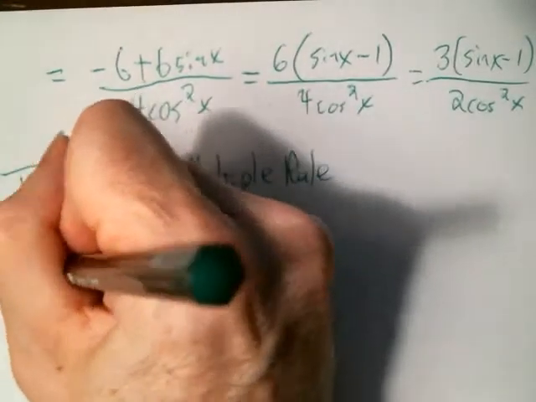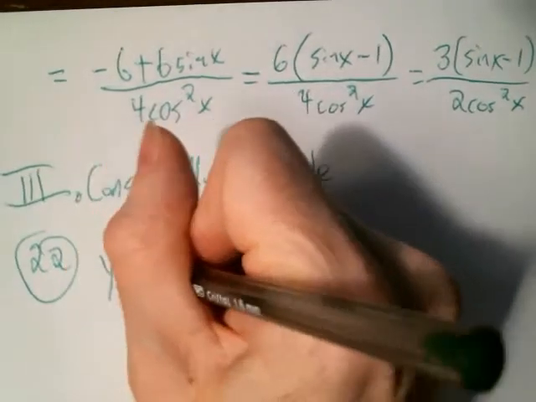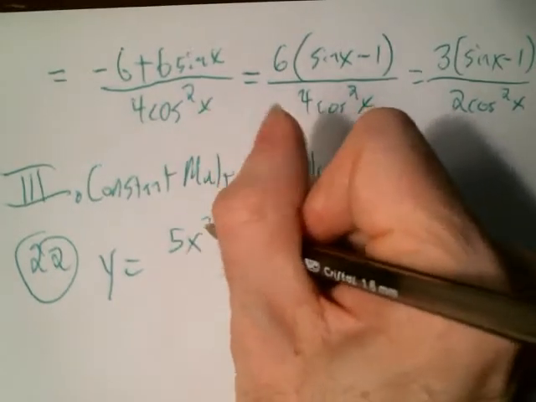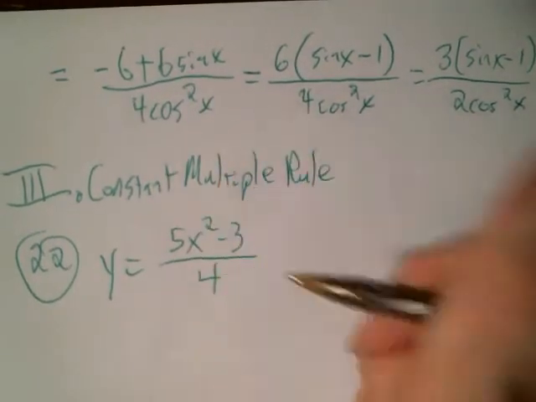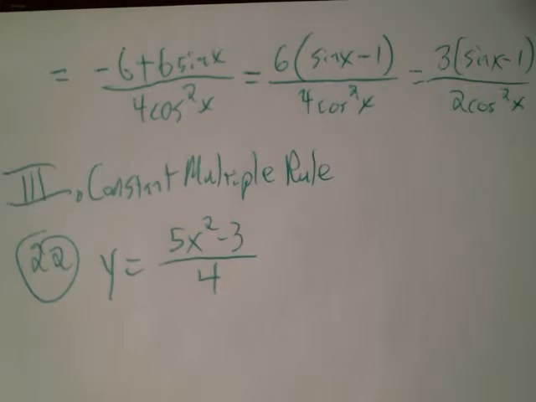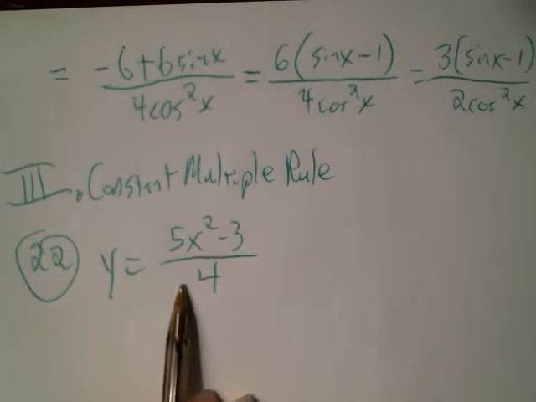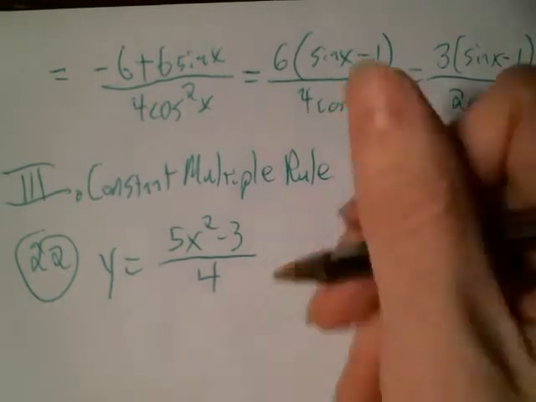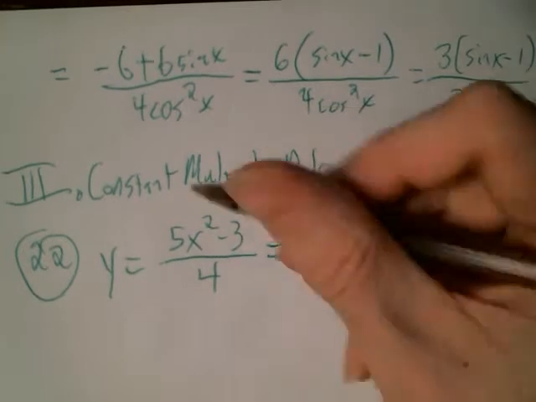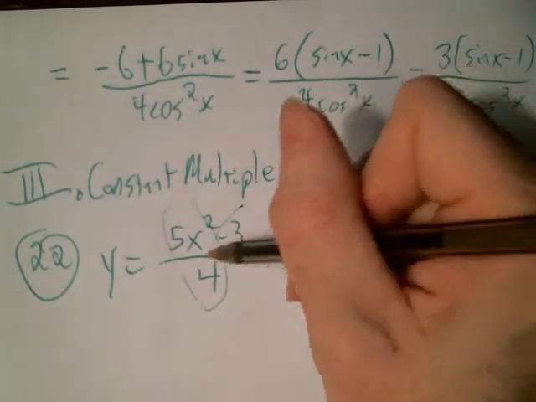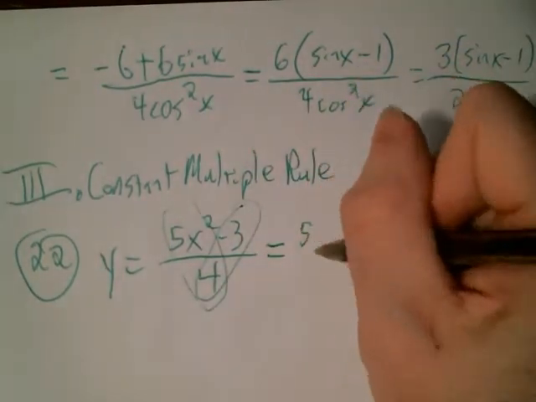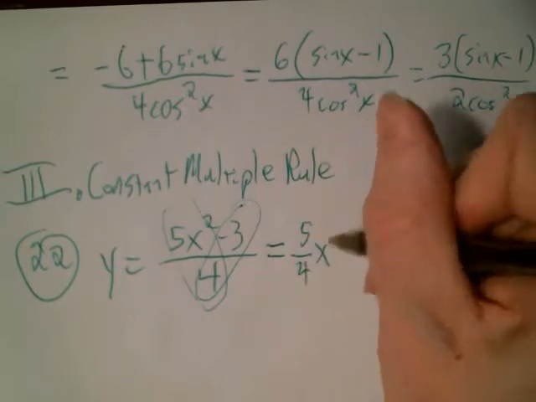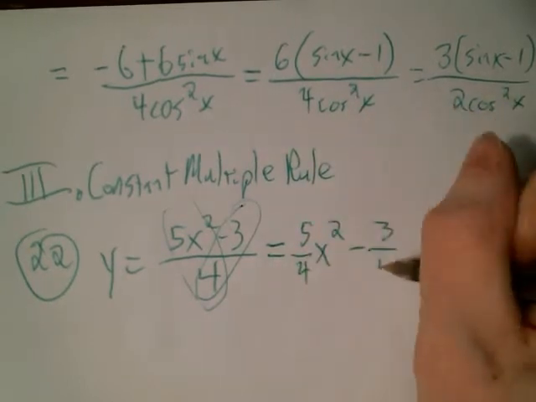All right, so number 22, y equals 5x squared minus 3 all over 4. Some people want to go and do low d high minus high d low on this thing, right? No, that's wrong. You're not supposed to do that. This is just 2 fractions. So it's 5 fourths x squared minus 3 fourths.